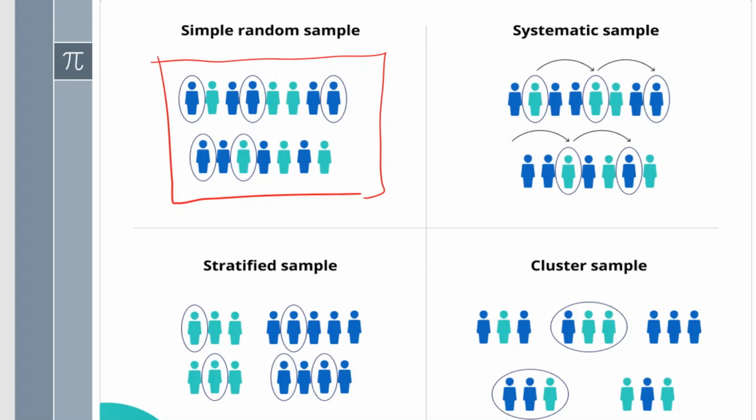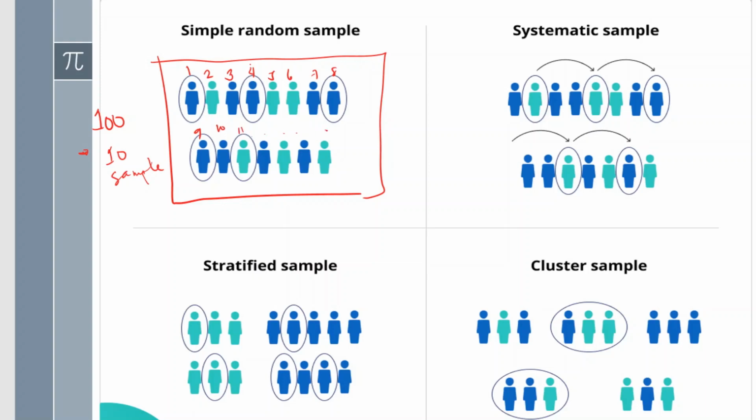How are you going to do that? For example, your population is 100, and you only want 10 individuals to be your sample, your sample size. Then you're going to assign a number to each individual, 1, 2, and so on.